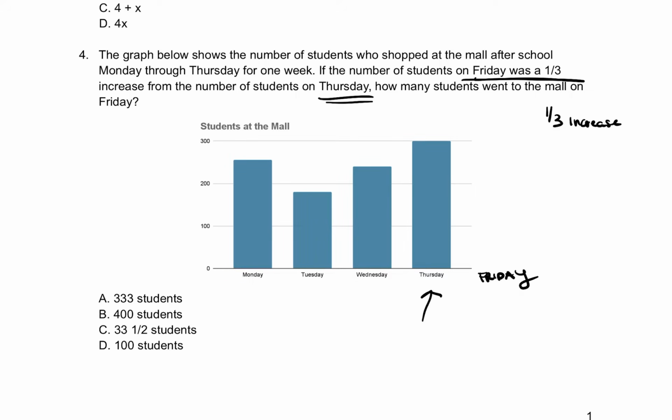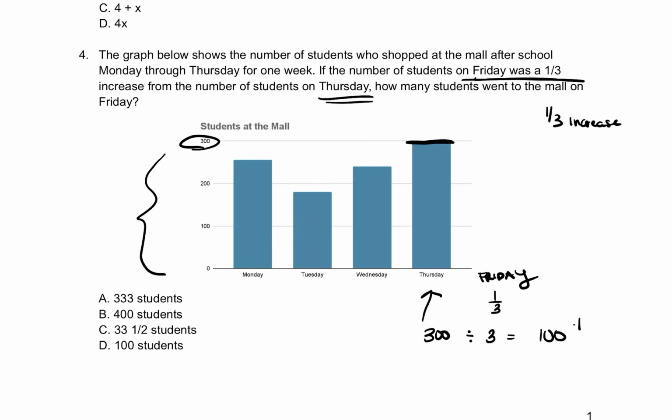So first we have to figure out how many students went to the mall on Thursday. Reading the graph, on this side, if it stops here, then it would mean 300 students went to the mall on Thursday. If there's a 1/3 increase, we divide by the denominator. Because the denominator is 3, we divide 300 by 3.